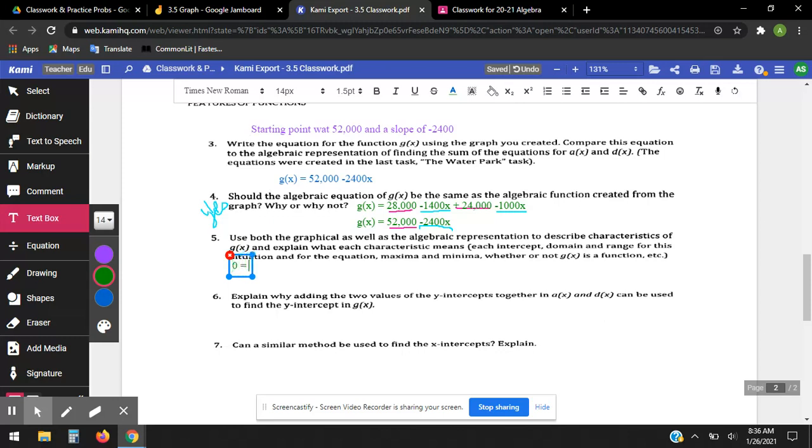So 0 equals 52,000 minus 2,400x. Well, my first step is to get rid of the 52,000. So I'm actually going to scoot this over a little bit. If I have a positive 52,000, I want to subtract 52,000 from each side.